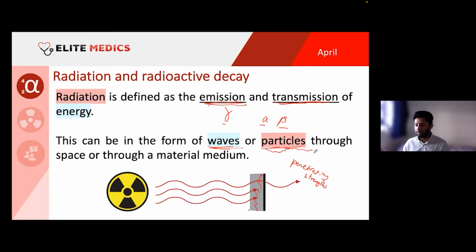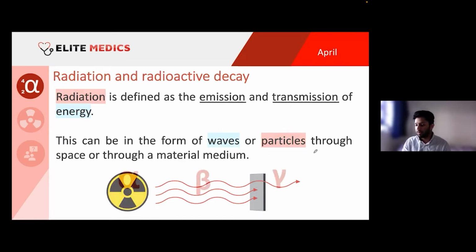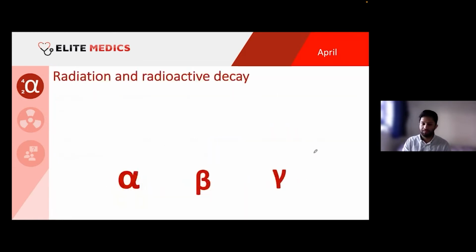It would be like me hurling a tennis ball at a wall and expecting it to go through. Highly unlikely to go through, because they're actually solid parts which can be stopped by a few centimeters of lead or paper, etc. And this is one of the properties of different forms of radiation, and we'll go through each of the properties and some others in more detail.